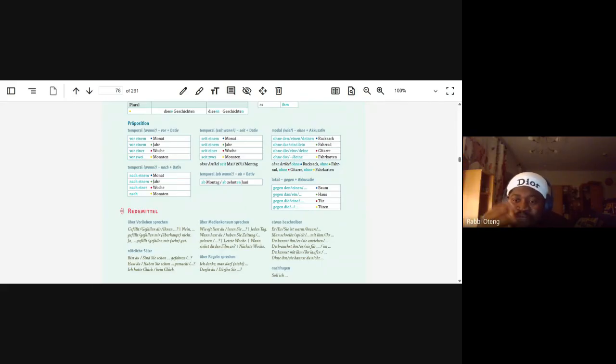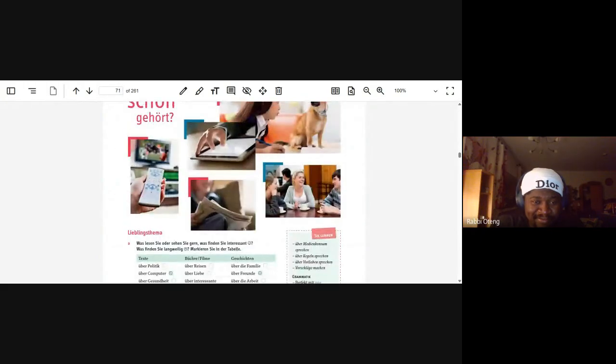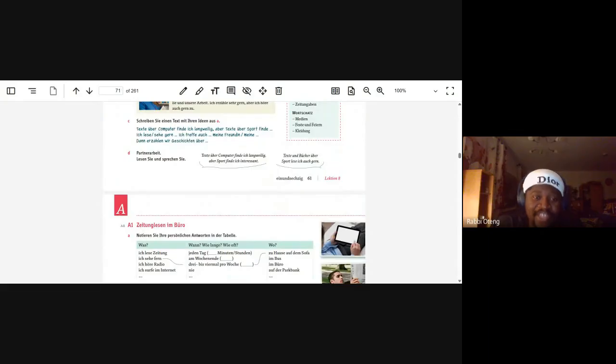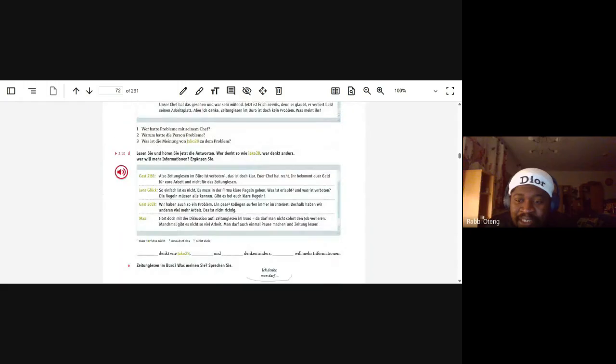Then we learned about the structure. Was, wann, wo. Yes, I think so. So it's was, wann, wo.